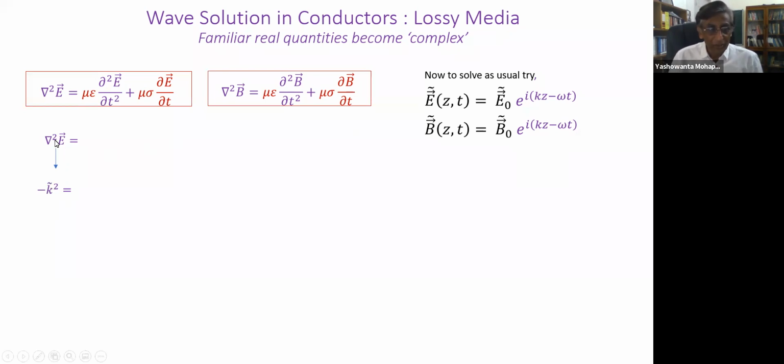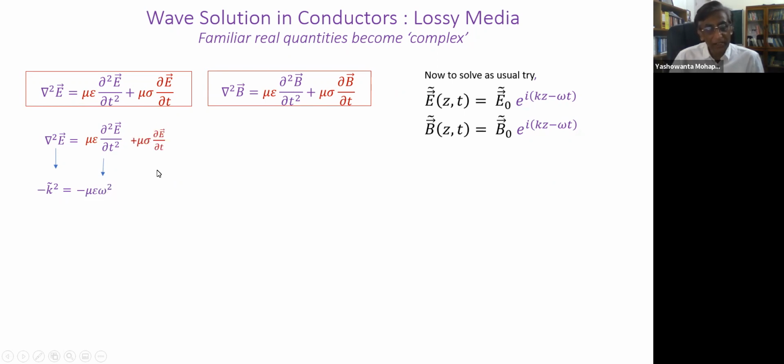So differentiating twice with space will give me minus k square, and the first term, with differentiation with respect to time twice, will give me minus i omega twice, so minus mu epsilon, of course omega square.